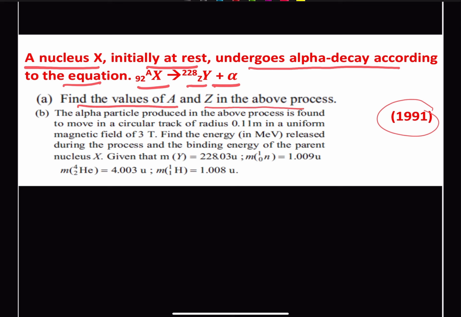Part B, the alpha particle produced in the process is found to move in a circular track of radius 0.11 meter in a uniform magnetic field of 3 Tesla. Find the energy in mega electron volt released during this process and the binding energy of the parent nucleus X, given that the masses of respective are given to us in AMU.